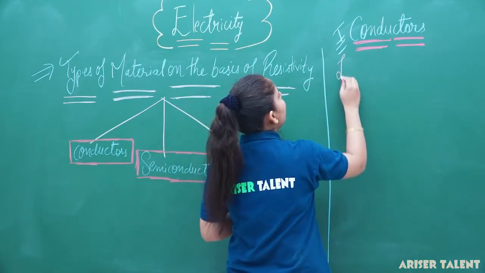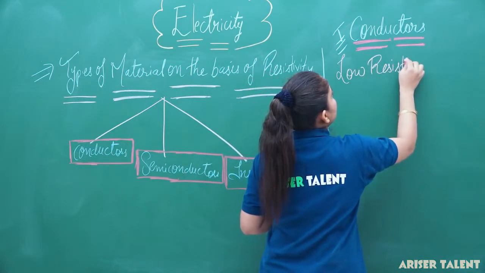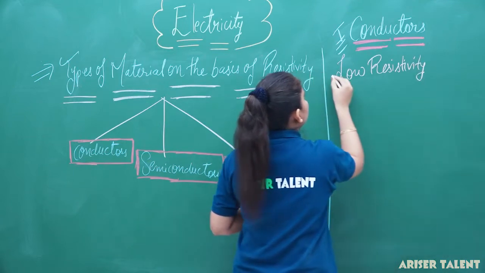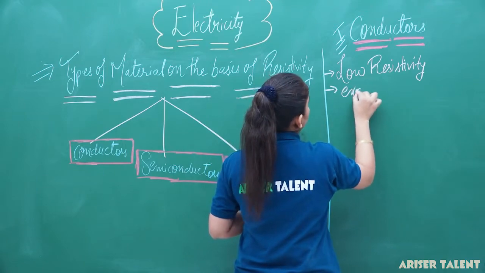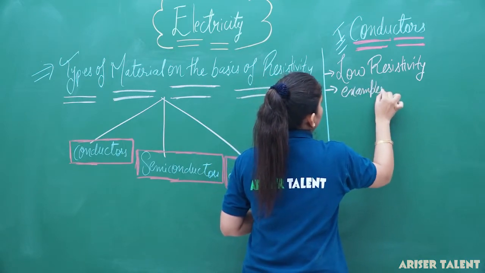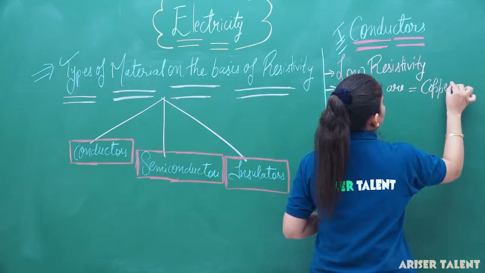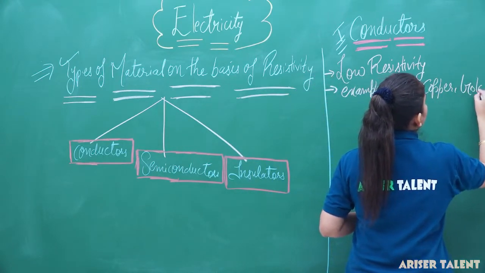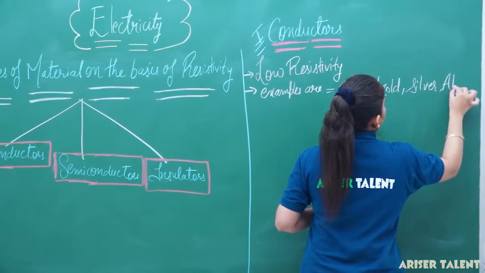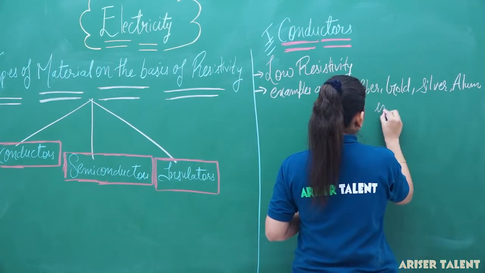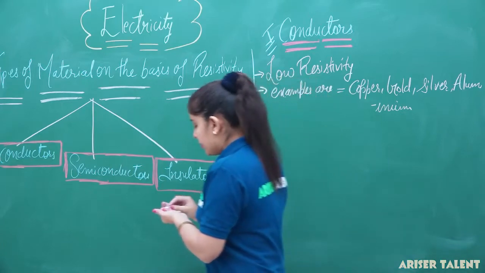So, conductors have low resistivity, and the examples in this category are copper, gold, silver, aluminium. So, this is about the conductors.